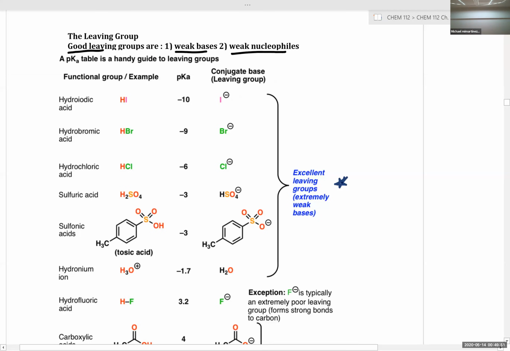So you may want to memorize and just be familiar that all of your halides and tosylate, which is abbreviated as OTs. What is tosylate, you may ask? It's toluene sulfonic acid.